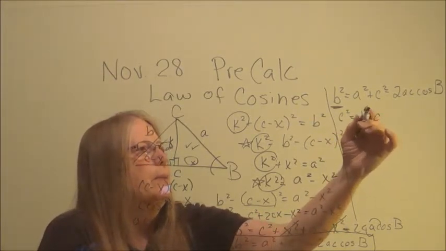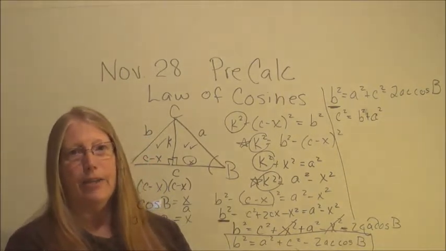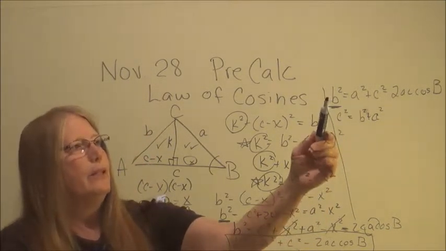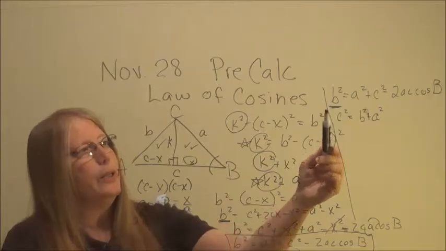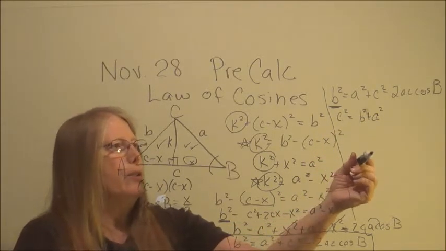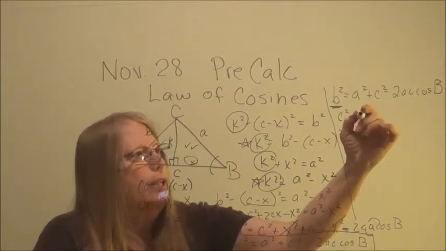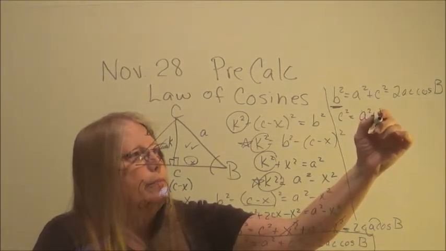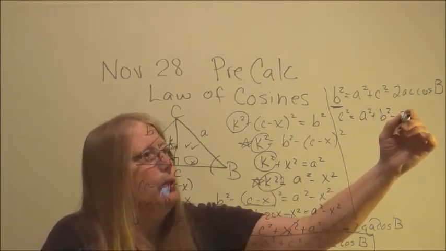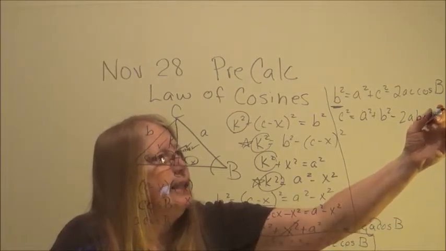C squared equals b squared plus a squared. Notice the pattern I'm following. B squared equals a squared plus c squared. Now I have c squared equals a squared plus b squared. Usually written a first, so I'll do the same. Minus 2, this time ab cosine c.